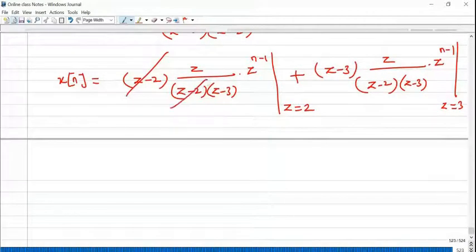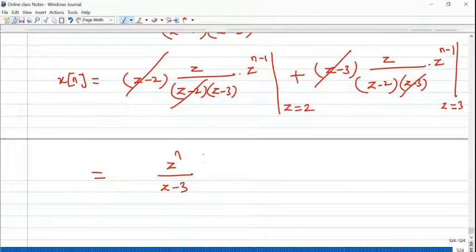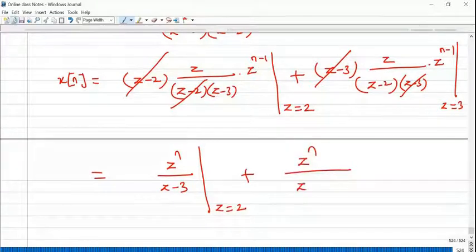The term (z minus 2) will be cancelled. So z multiplied with z power n minus 1 gives z power n divided by (z minus 3), plus z power n divided by (z minus 2).